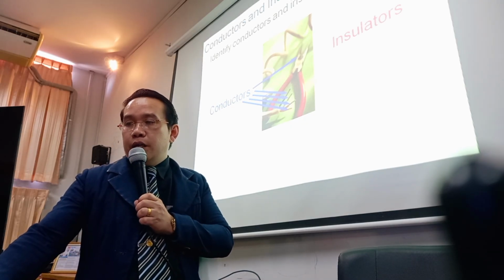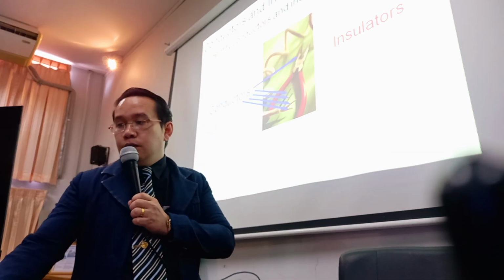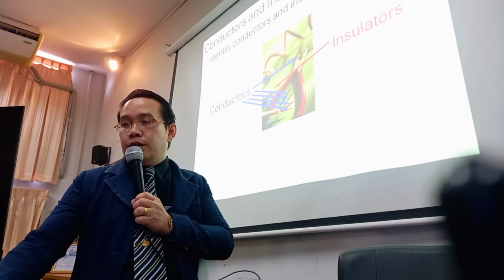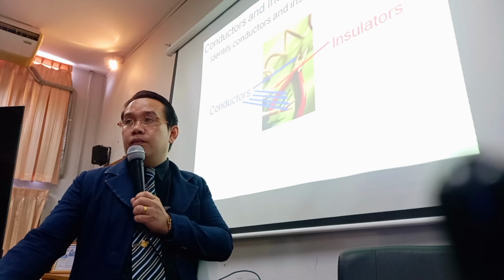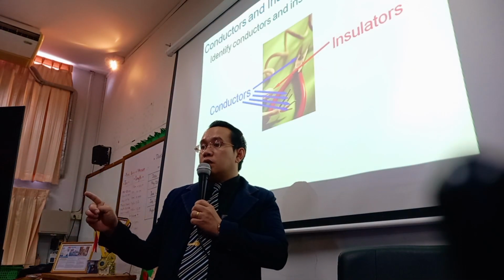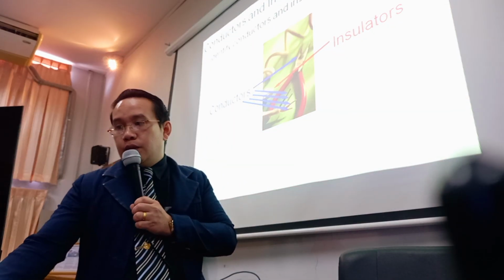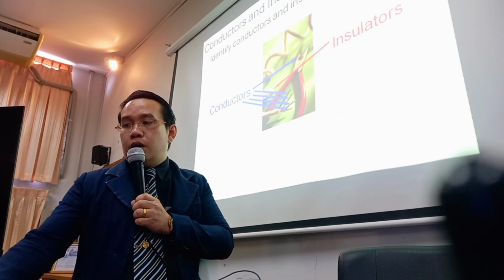So where is there an insulator? Okay, so the cover of the nose pliers and the rubber coating that helps you to protect against electrocution. Then gloves are also part of insulators.